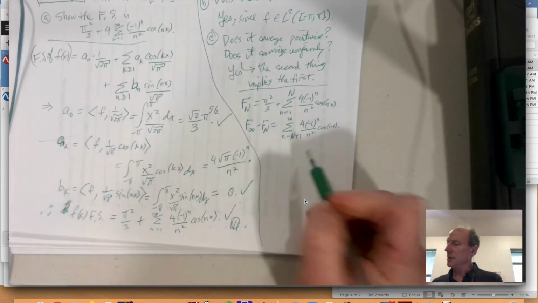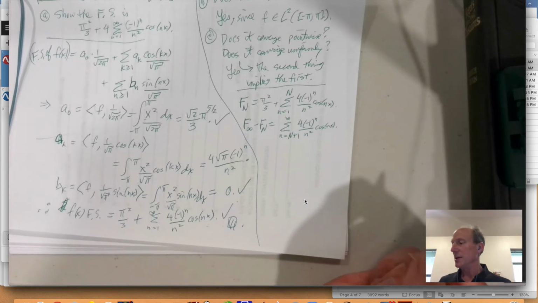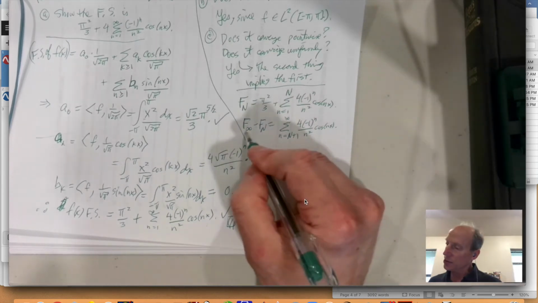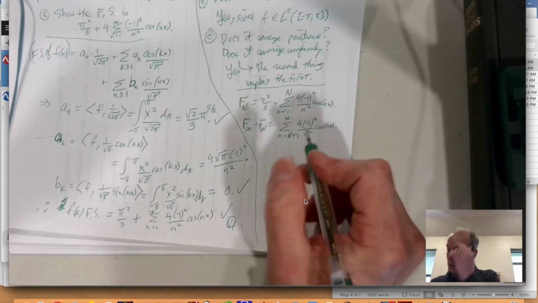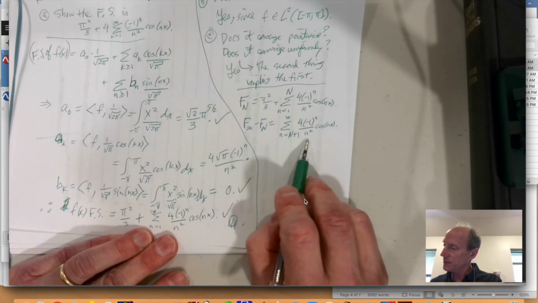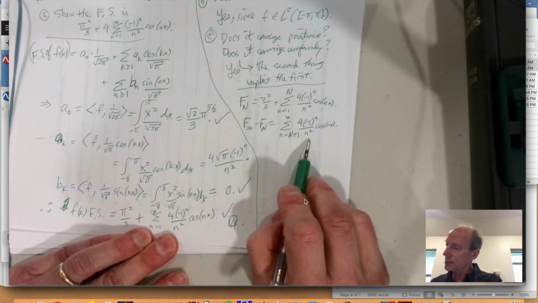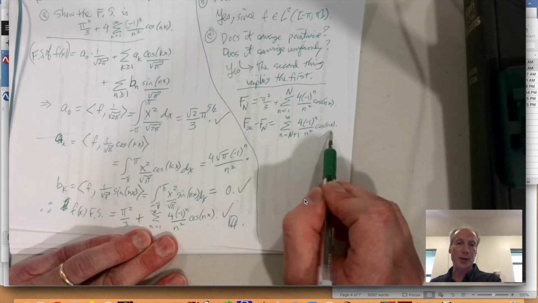Now, if we can bound this by something that is small, then we know that it converges uniformly to f infinity. It's actually fairly easy to do, because we can bound this nicely since cosine is between negative 1 and 1.